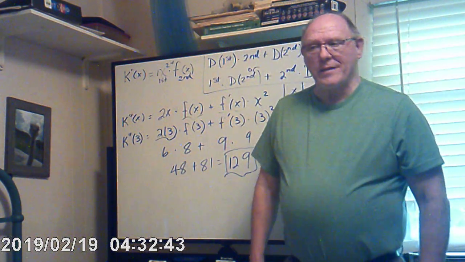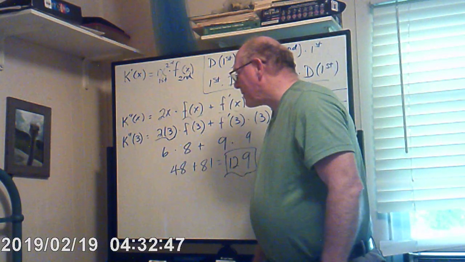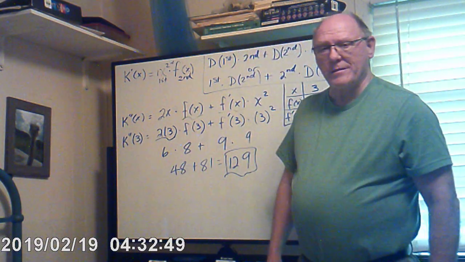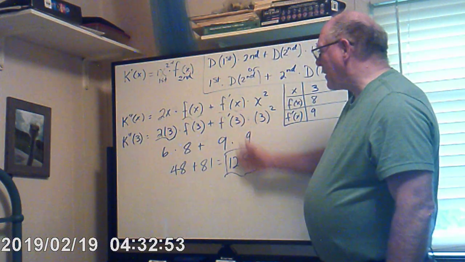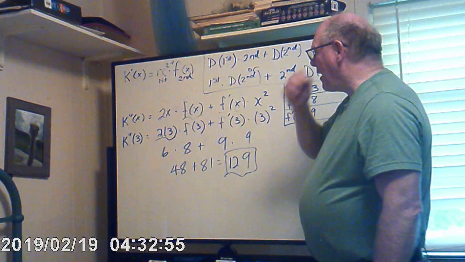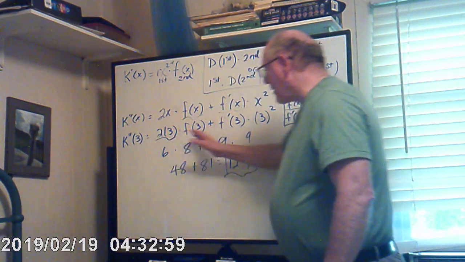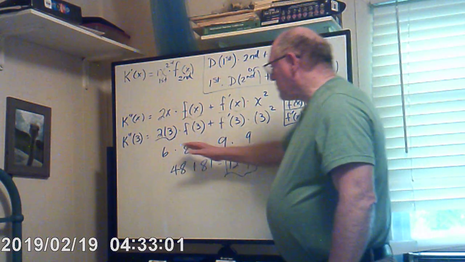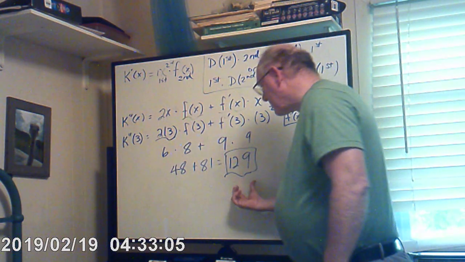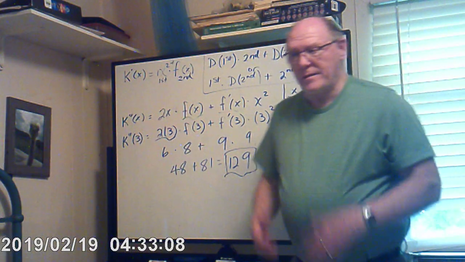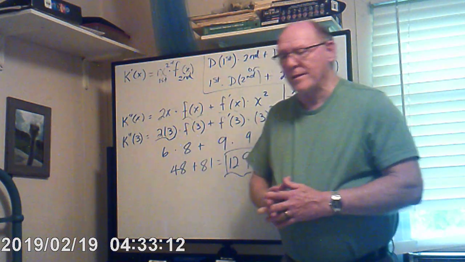Well, I could say a lot more, but that's going to be sufficient to tell you everything you need to know about this. You need to know how to do the product rule. Then you need to just know how to plug the number in, find these answers here, and then there you go. So they tested you on your ability to do a few things.